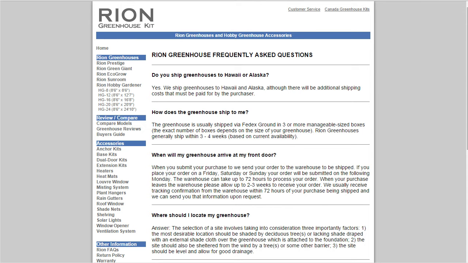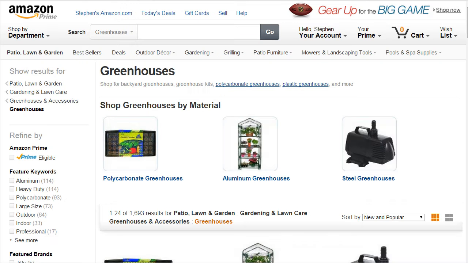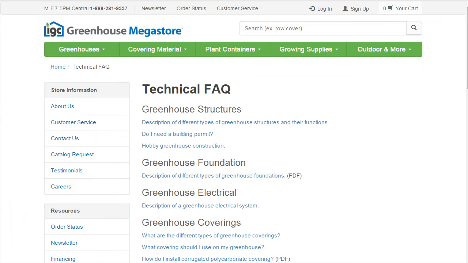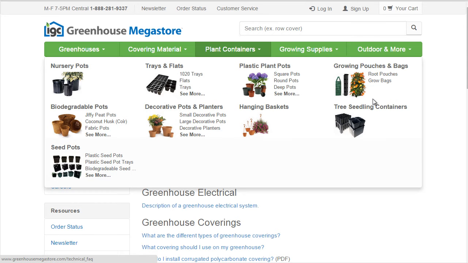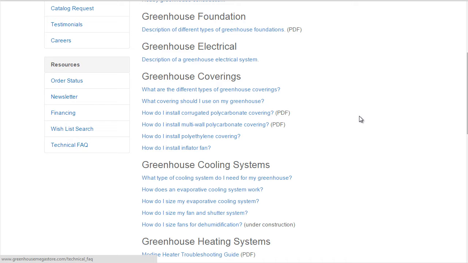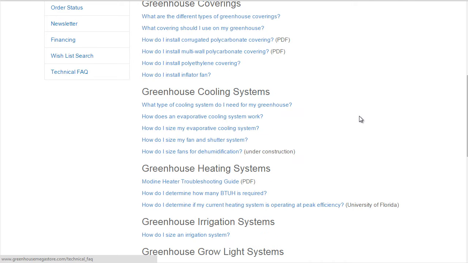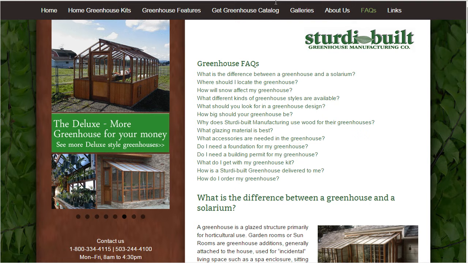Most of these are not related to greenhouse, they're just related to the company. Okay, so what I would do first is compare the main different sites that are related to greenhouses. I would look at the FAQs and see what questions are actually popping up that match those of these other sites.